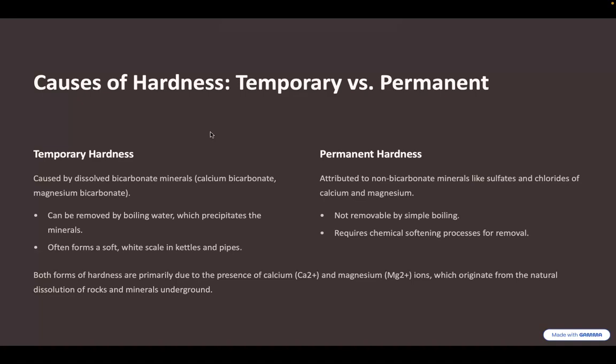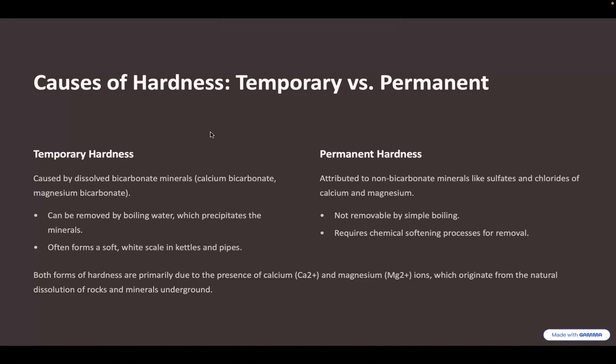This temporary hardness is caused by the presence of calcium and magnesium bicarbonates. When these calcium and magnesium bicarbonate salts are present in water, they cause temporary hardness.